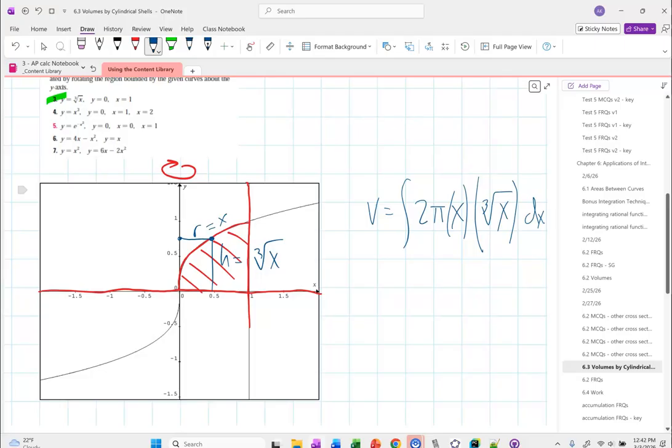Keep in mind that if you would have done this using our old method, this would have been a washer method, right? I think the integral is a little bit more complicated that way. Right, pi r 1 squared minus pi r 2 squared, x squared, is that right?